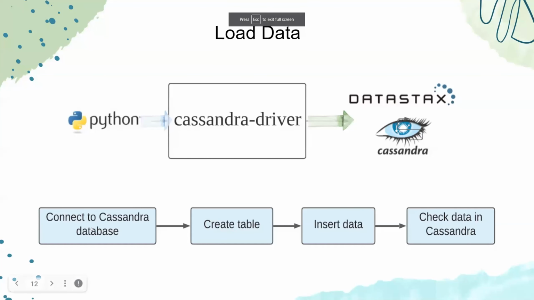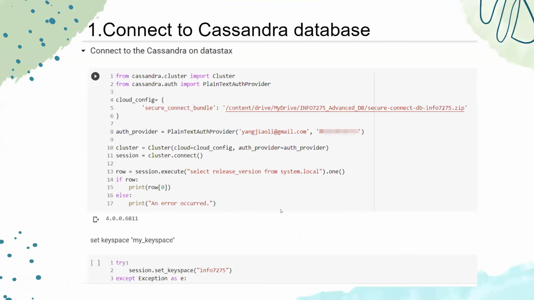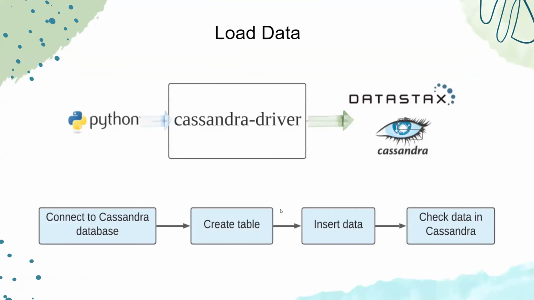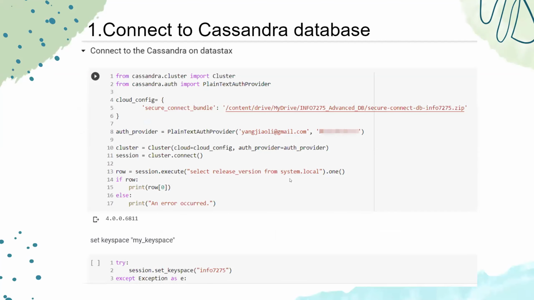There are 4 steps. The first is to connect to the Cassandra database. Here we can see the code screenshot in Python.